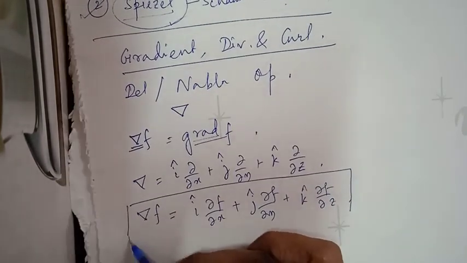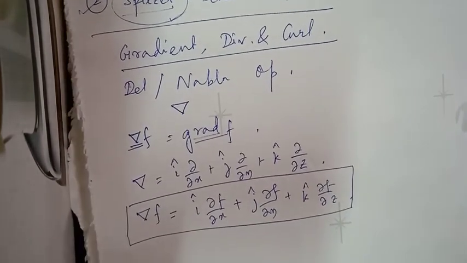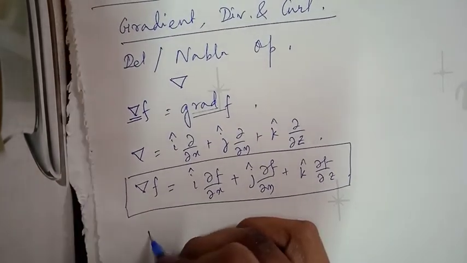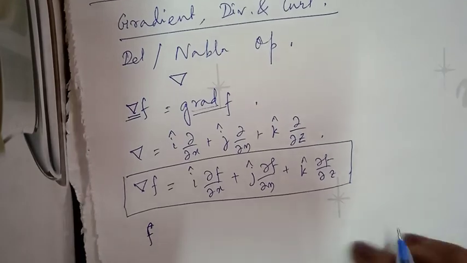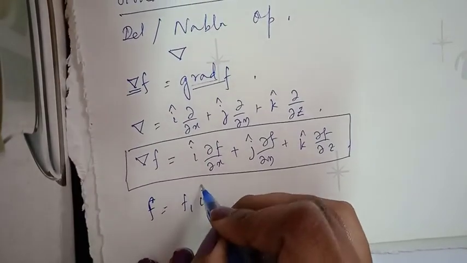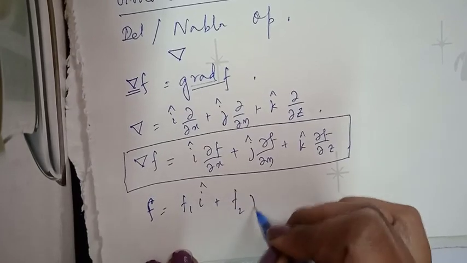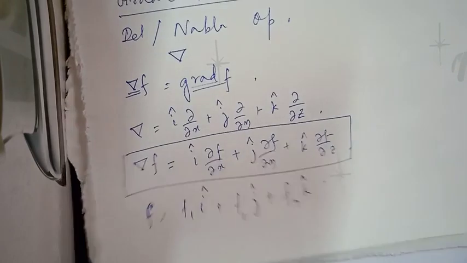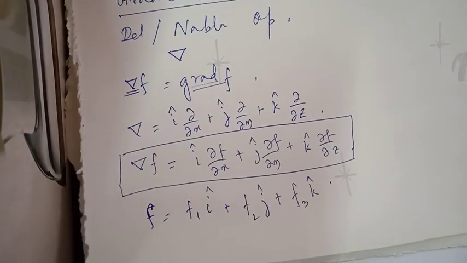This is the first thing. Now suppose this f has three components, that is f1 i cap plus f2 j cap plus f3 k cap. Then how to calculate grad f? Very simple.